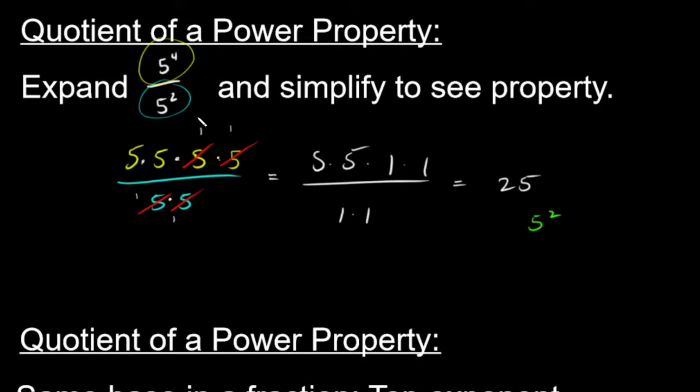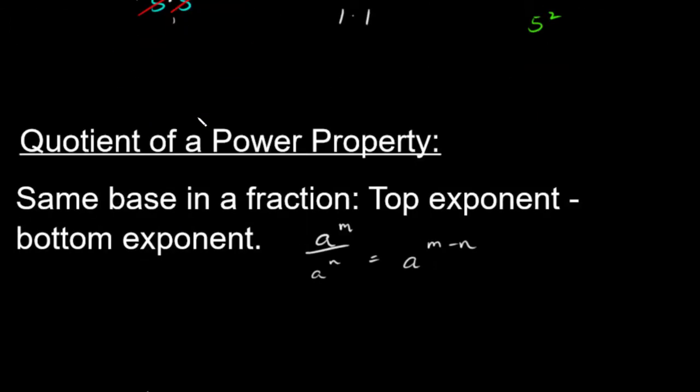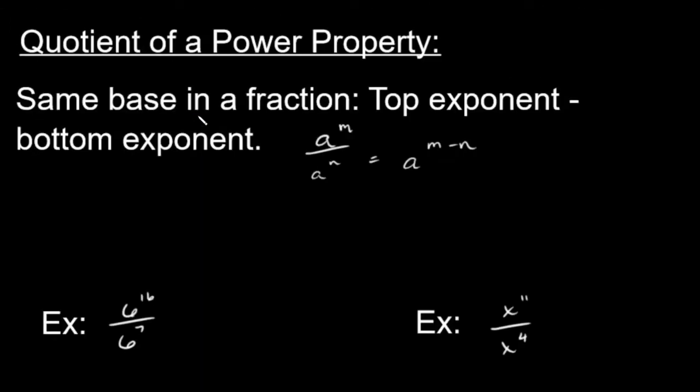And that is what you get as your resulting exponent on your base. So this is how you write out the power. If you've got some base a to the m power over some base a to the n power, that is just the base a raised to the exponent top minus bottom. So m minus n. The exponent up here minus the exponent down here. And it's as simple as that.